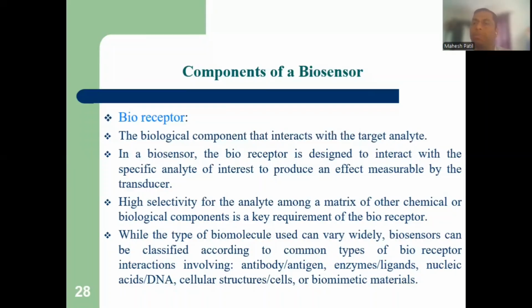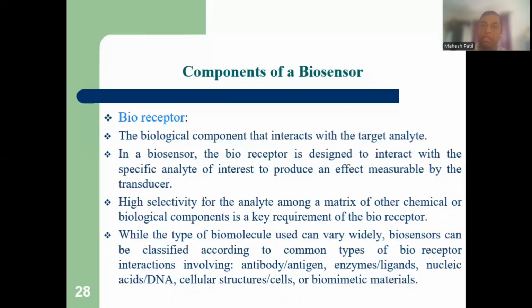These bioreceptors can be classified according to the common types and the kinds of interactions they involve, whether it is antigen-antibody, enzyme-ligand, nucleic acid, DNA, cellular structures, cells, or any biomimetic materials.